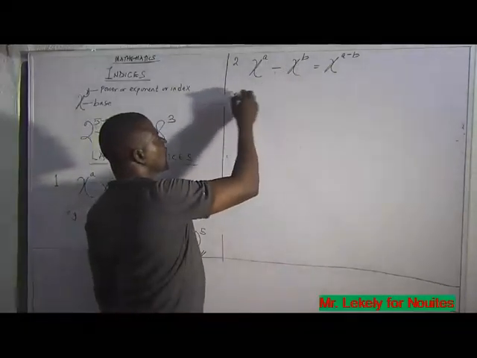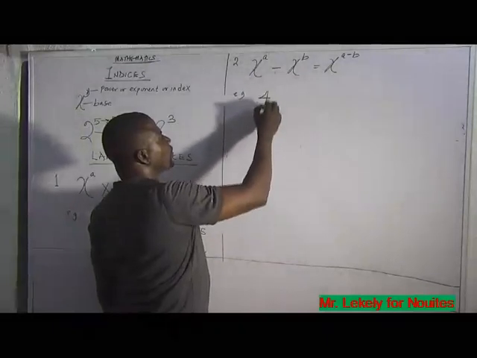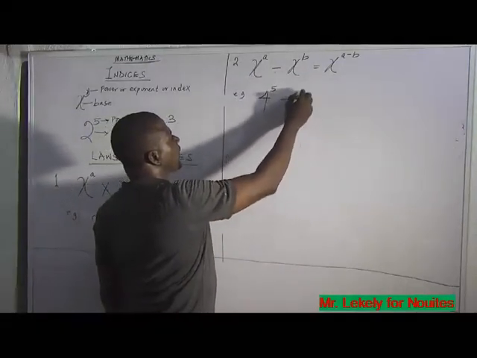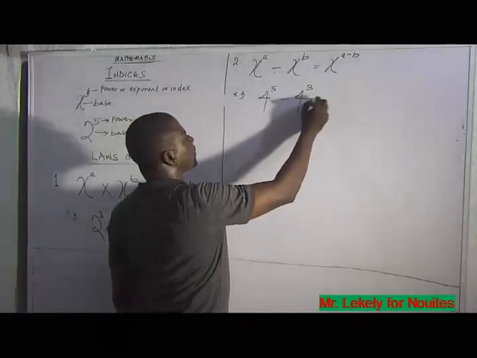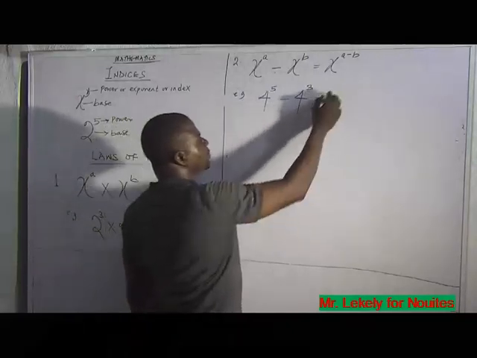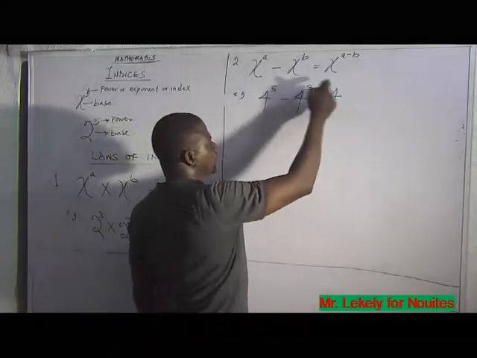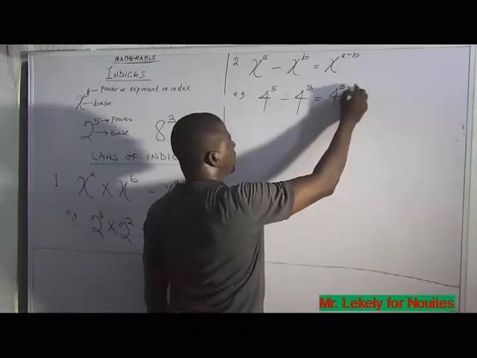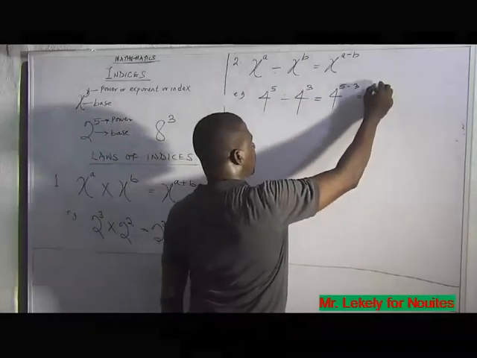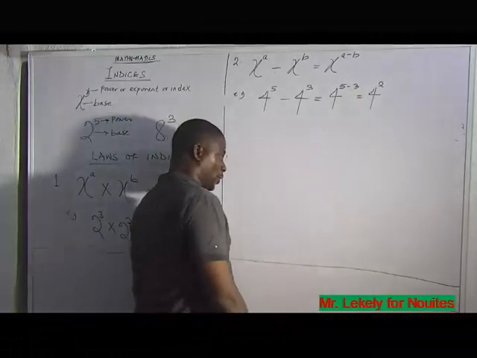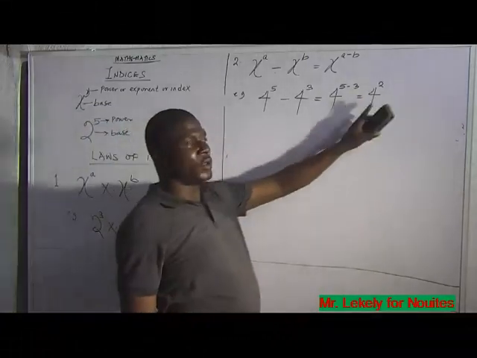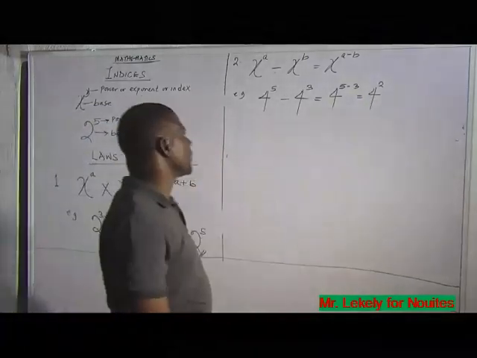E.g., if I have 4 raised to power 5 divided by 4 raised to power 3, because they have the same base, pick one of the bases and subtract the power. 5 minus 3. So that will be 4 raised to power 2. And of course, 4 raised to power 2 means 4 times 4, which is 16.